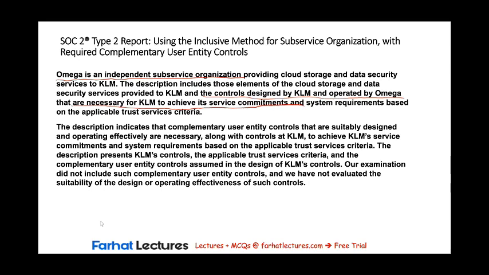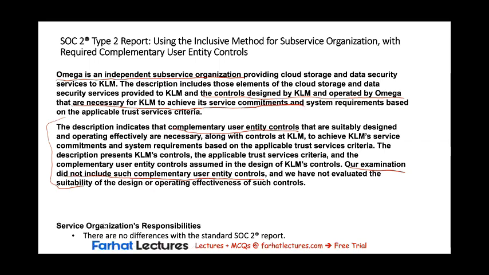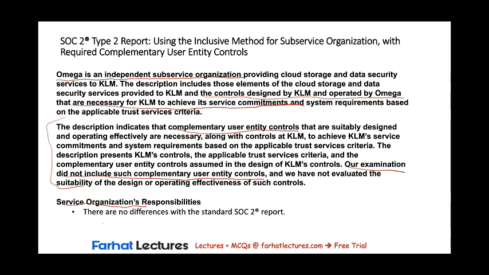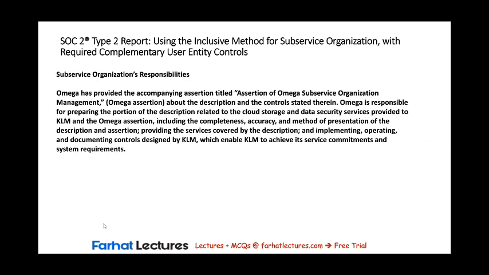And finally, in the last paragraph, we're mentioning the complementary user entity controls with the famous sentence that our examination did not include such complementary user entity controls. The next section is the service organization's responsibilities, and it's the same as the standard SOC 2 report. However, here there is a twist with the addition of a subservice organization responsibilities paragraph. So it's mentioned separately from the service organization's responsibilities.